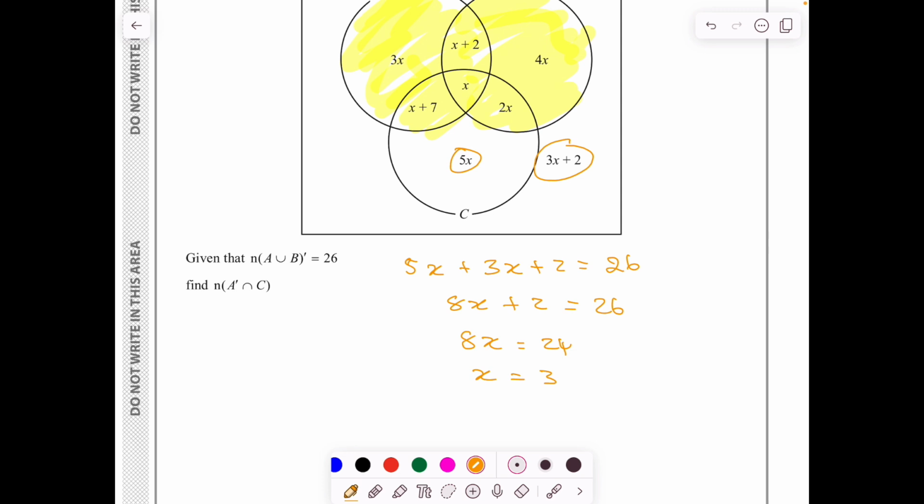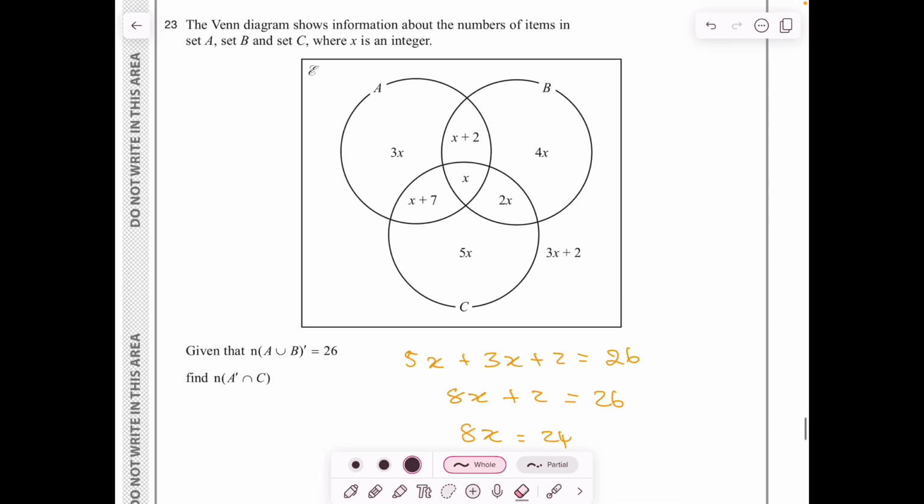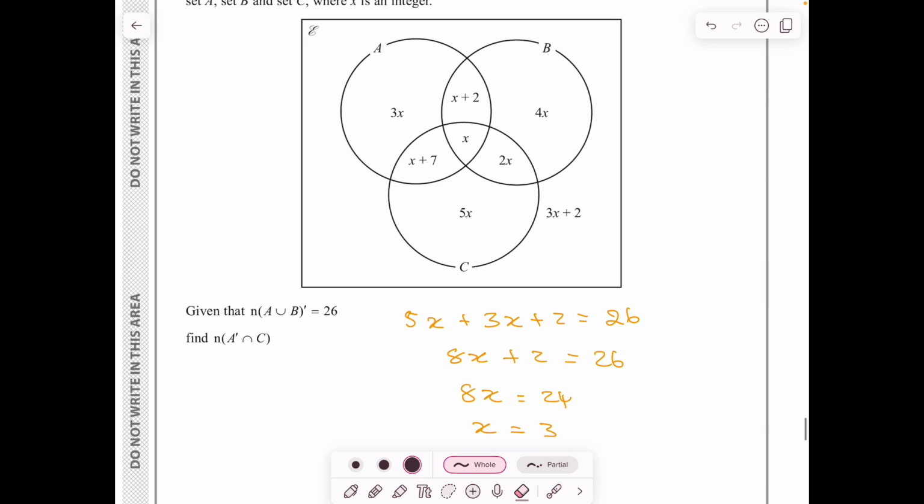It's asking me now for, let me take this bit off so you can see clearly, it's asking me now for not A and B and C. So not A and C. So we don't want A, anything belonging to A and C. So in fact, I'm going to highlight that.